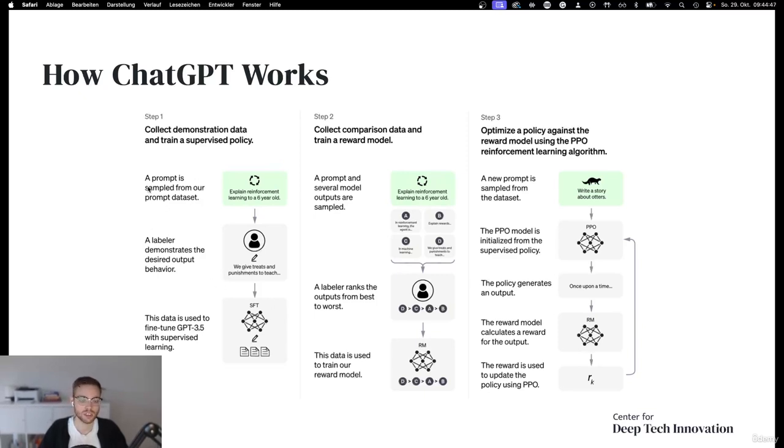Basically, they created a set of prompts from a prompt data set. For example, here: explain what reinforcement learning is to a 6-year-old. Then they had real human beings, contractors, who were tasked with answering this prompt. You have the internet, here are books, you can Google, you can do things with it. Tell me what the output of this is going to be.